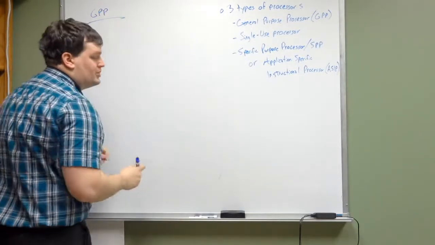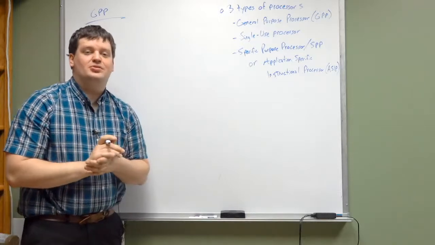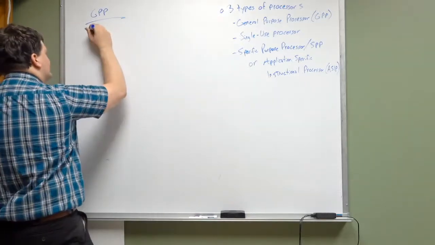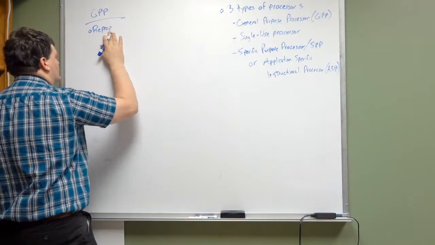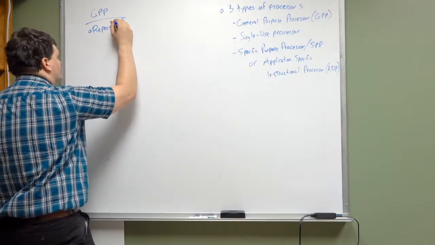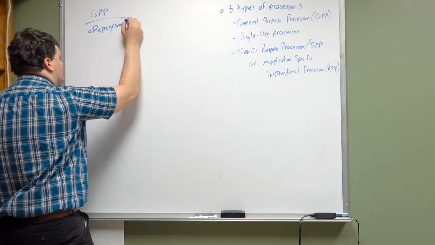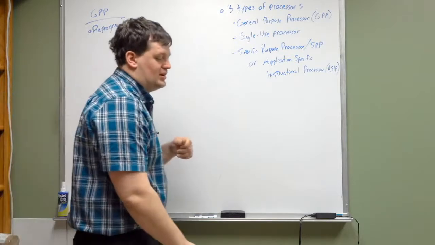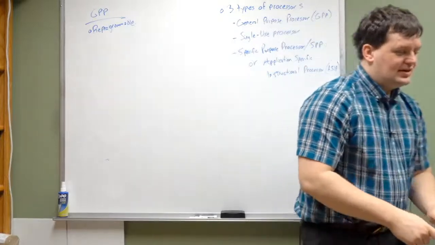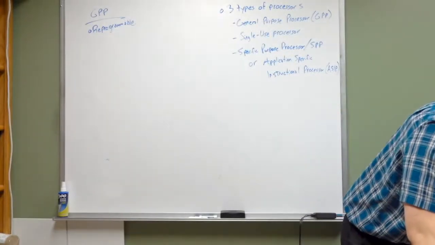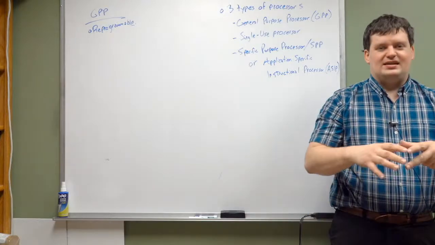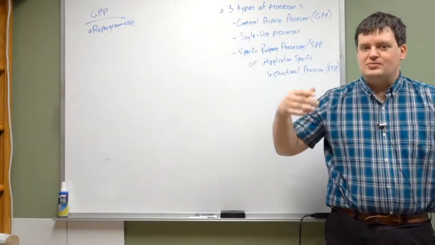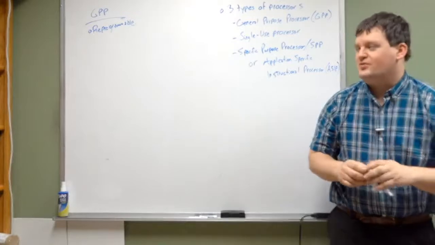So for the general purpose processor, the idea behind a general purpose processor is that it's got to be reprogrammable. This is something where it issues commands, it deals with commands, but it's able to be programmed to do whatever it is.